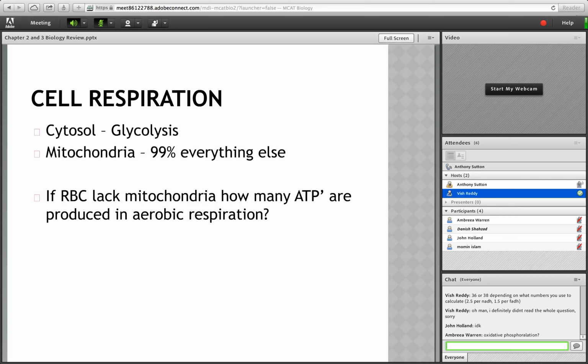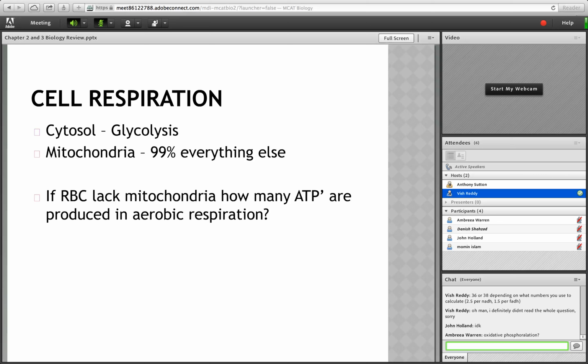Okay, I like that. So Ambria said you could not do oxidative phosphorylation. Well, that's true because oxidative phosphorylation occurs where? In the electron transport chain, right? Well, we know that substrate level phosphorylation occurs where? In glycolysis.